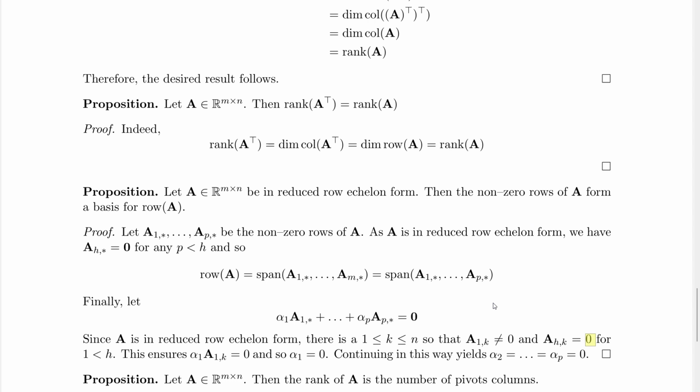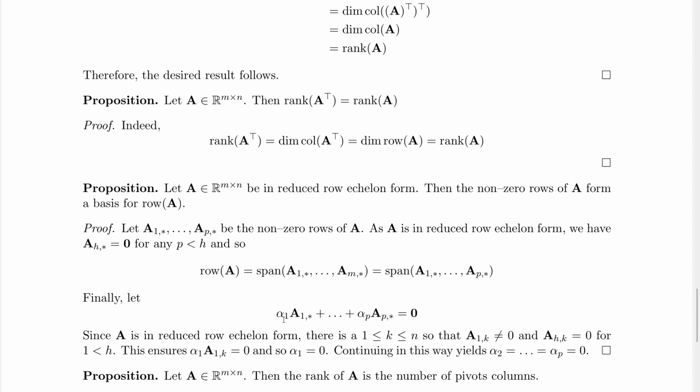So when I plug k into this formula right here, everything except for the first term is going to zero out, and this will be non-zero, and that will then force alpha 1 equals 0. And then you just go down the rows, and because we are in reduced echelon form, all of those things are going to zero out, so they're going to have to be linearly independent. You'll get all the coefficients equal to 0.